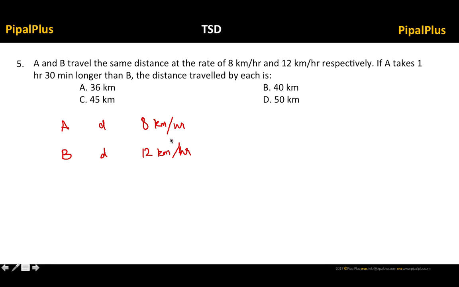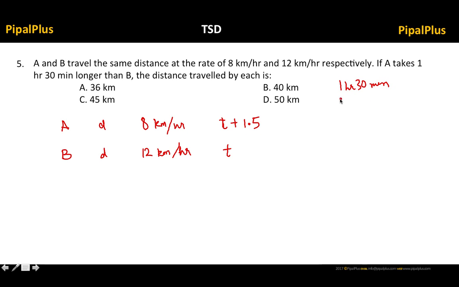Now you notice that one of them, A, is taking 1.5 hours longer than the time that B takes, right? So let's say I assume that B takes time T to cover this distance, then A is taking T plus 1.5, right?